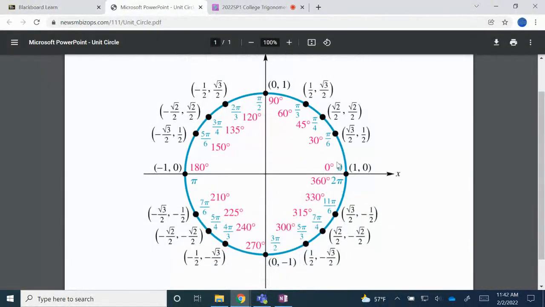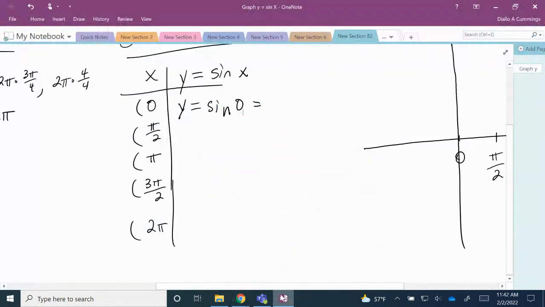I can find 0 radians because we're working in radians. In order to find the sine, I would look at the y coordinate. So the sine of 0 radians is 0. So that's my first ordered pair, (0, 0).